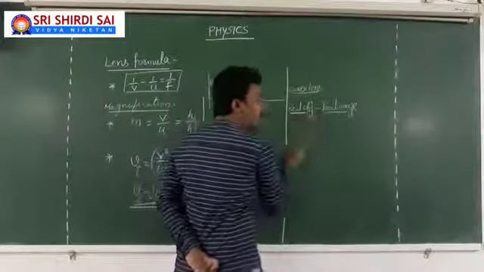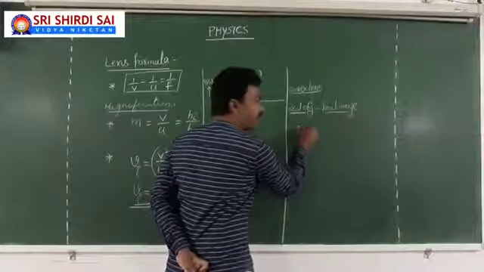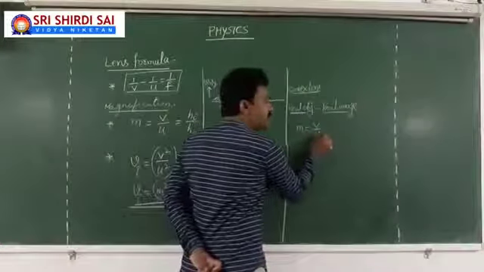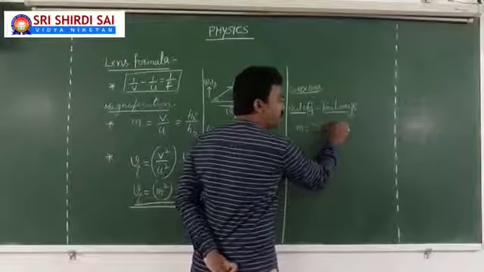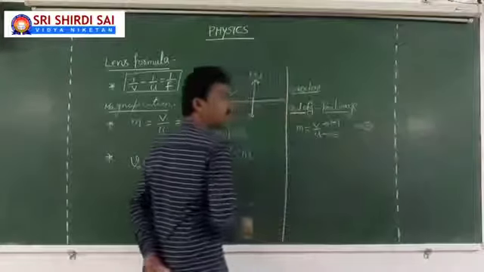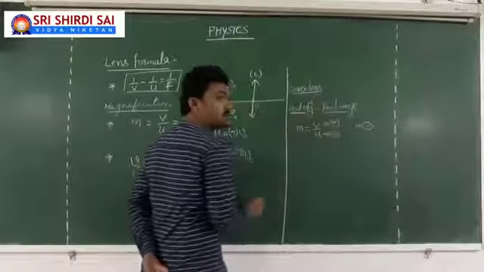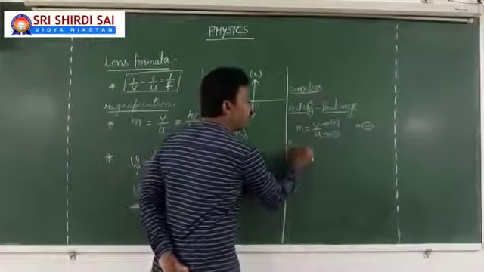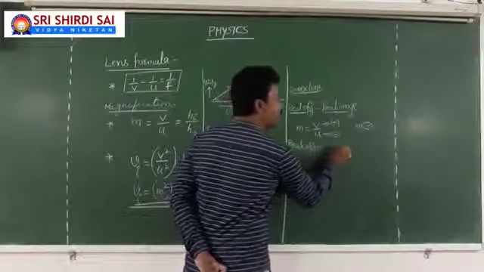If I talk about magnification, given by the formula v/u, for a real object u is negative, for a real image v is positive, so my magnification will be negative. In the case of a convex lens with a real object and real image, that is so. But you learned that a convex lens can also give a virtual image for a real object position.